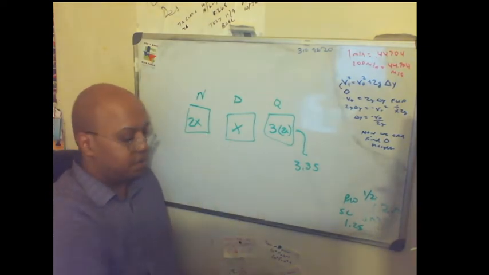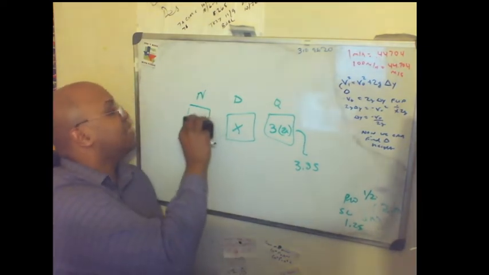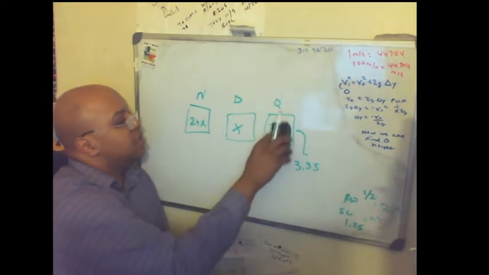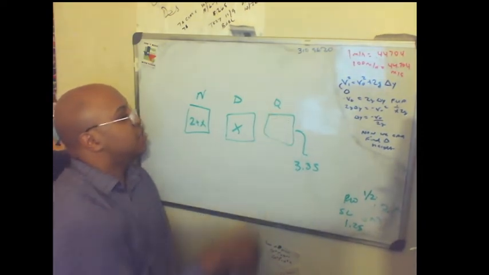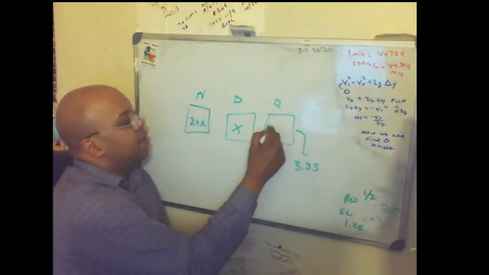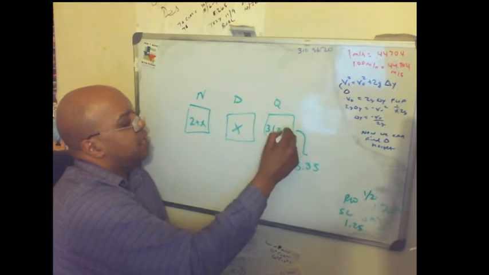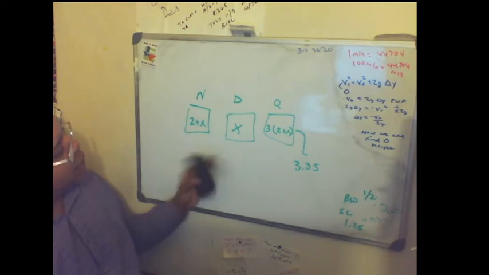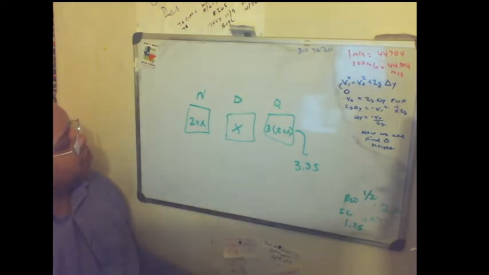Uh-oh, there's a mistake. 2 plus x. 2 more nickels than dimes, not times. So this is 3 times the quantity of 2 plus x. And all that is going to be equal to.